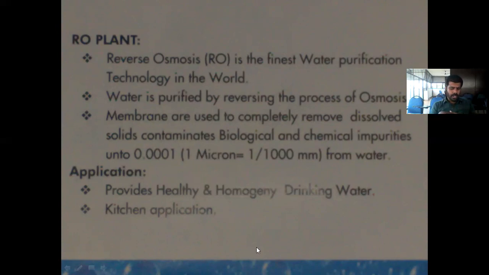Then we have studied different types of filters like the dual media filter, softeners, and the RO filter, reverse osmosis filters. Okay, these are all helpful for purification. Not only this, we have different filters like sand filter, carbon filter, iron filter. Okay, these things are there.